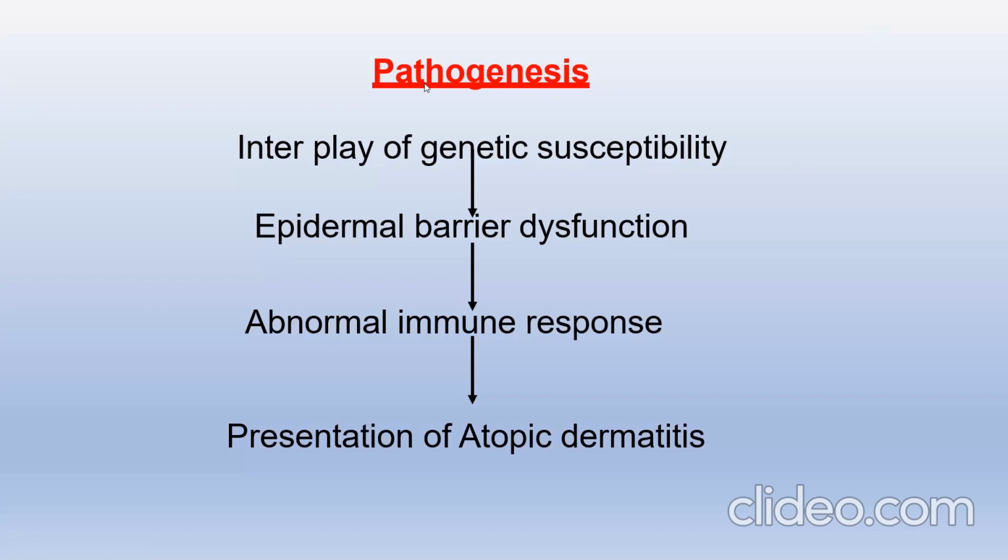Pathogenesis. First, there is an interplay of genetic susceptibility, then epidermal barrier dysfunction, which leads to abnormal immune response and which presents as atopic dermatitis.